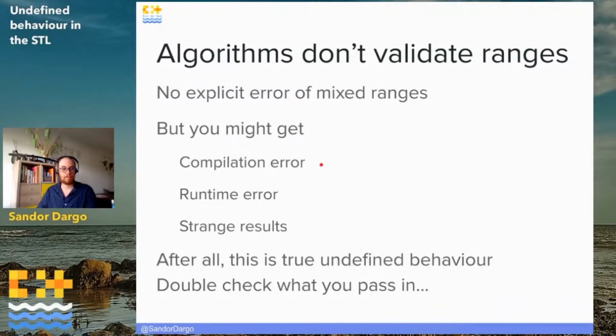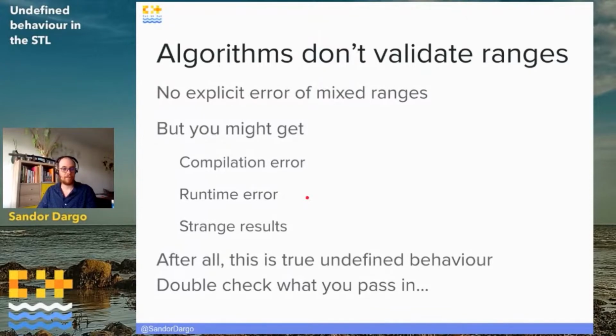You really have to double check what you pass in. Using good naming and coding guidelines, something that I will talk about in the lightning talks this evening, can really help you avoid such problems.